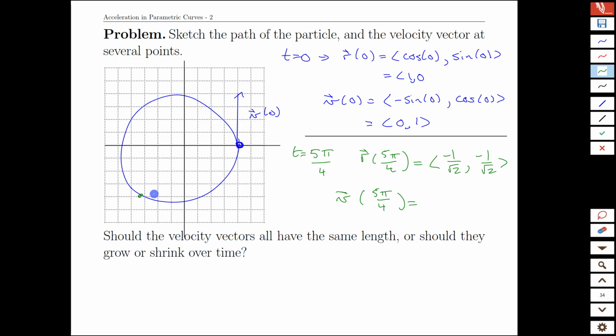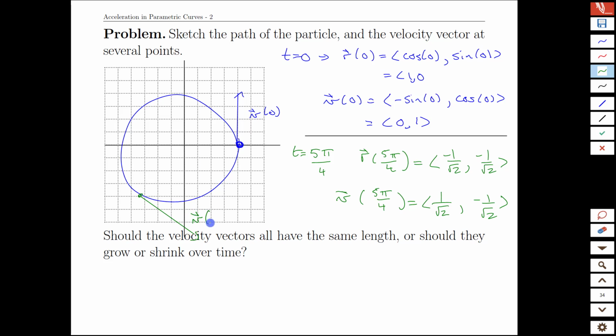If you run that through your calculator, you're going to get a positive value once you flip the sign there, 1 over root 2. And when you do cos of 5 pi over 4, you're going to get negative 1 over root 2. And that vector happens to be exactly what we'd expect from the diagram here. It's going to be down at a 45-degree angle, and again tangential to the curve and so on.